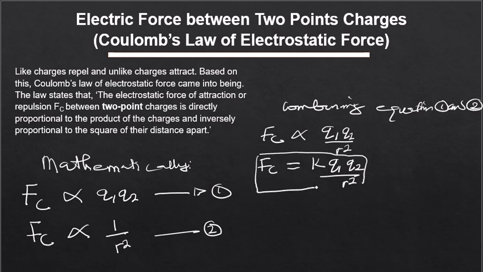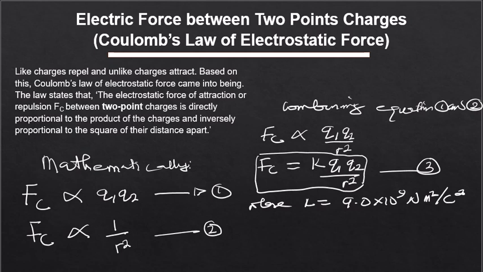But we can further simplify this more, where K is equal to 9.0 times 10 raised to the power of 9 Newton meter squared per Coulomb squared. And it's still the same thing as 1 divided by 4 pi permittivity of free space.